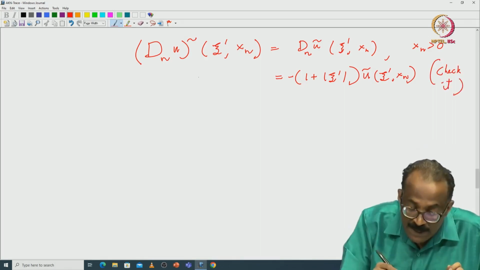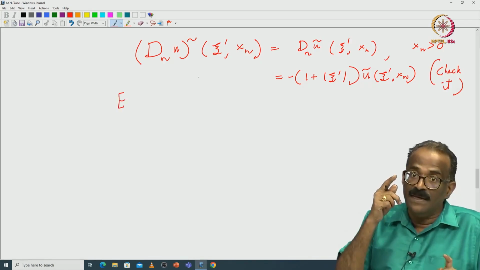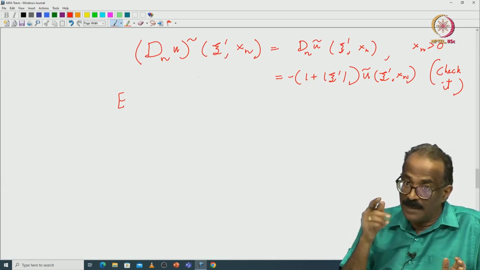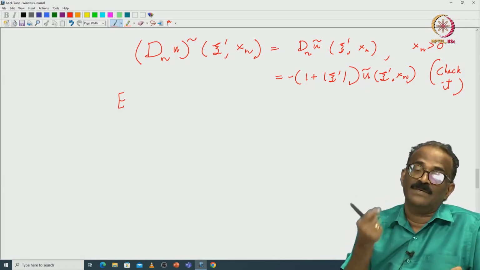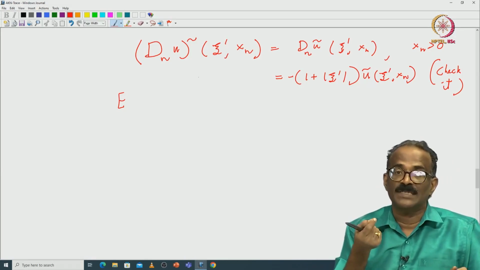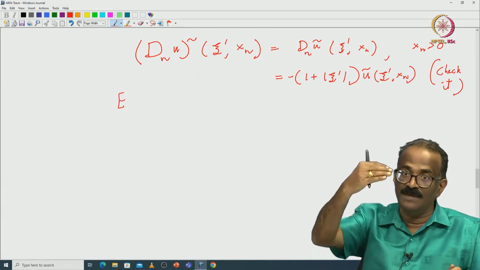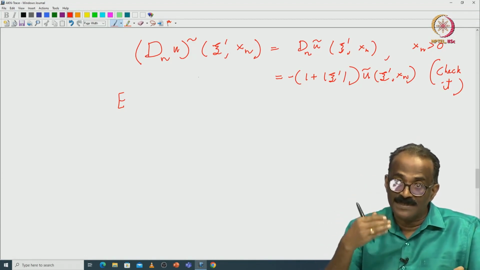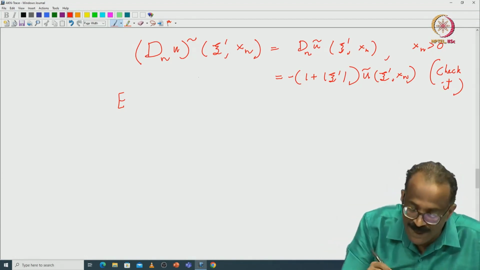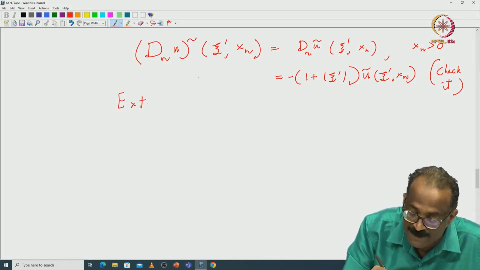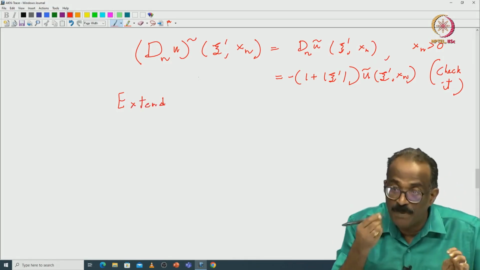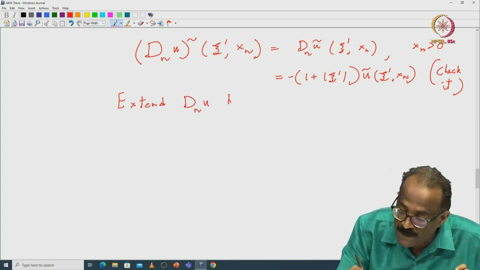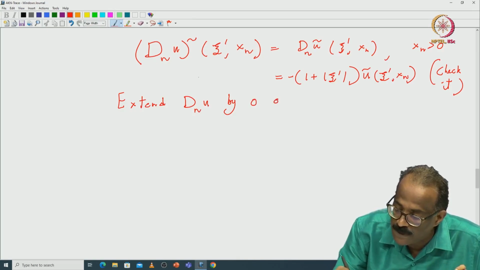Okay. And then I am not taking the extension of u and then taking the derivative. Rather, these are all small tricks you would have learned anyway in Sobolev spaces, distribution theory, etc. You take d_n on the upper half plane, take the Fourier transform, and now extend d_n of u by 0 outside.